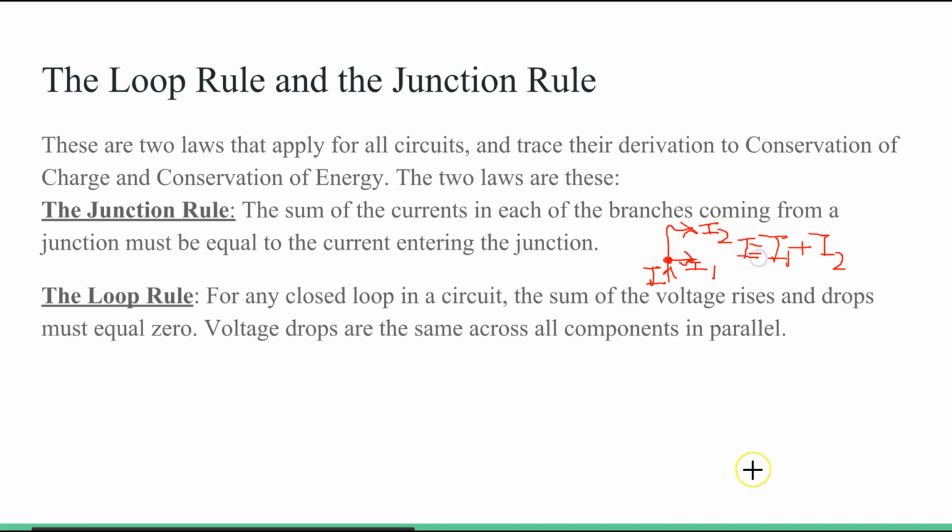And the loop rule: for any closed loop in the circuit, the sum of the voltage rises and drops must equal 0. And voltage drops are the same across all components in parallel.